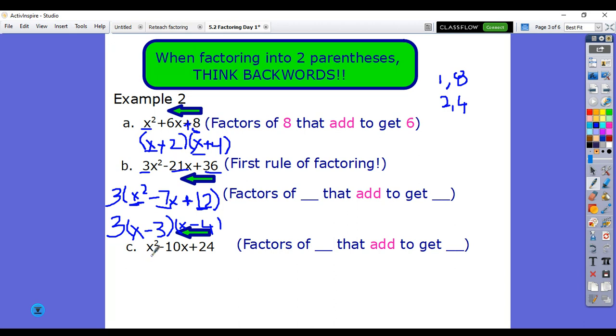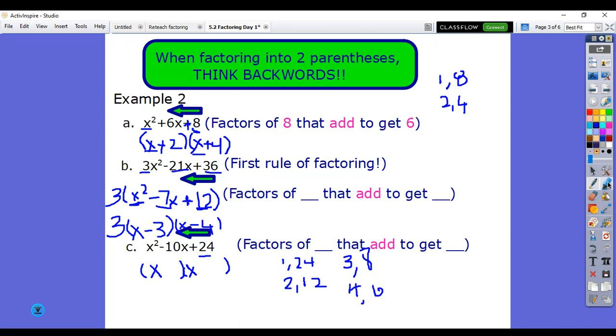First thing you look for, is there a GCF? No. So 2 parentheses. No GCF, so x and x is my first term in each one. Factors of 24: 1, 24; 2, 12; 3, 8; 4, 6.